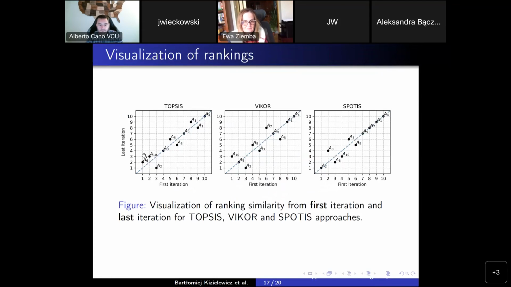Here we can see the visualization of the rankings when we compare the last iteration to the 1st iteration with subsequent methods, TOPSIS, VCOR, and SPOTIS, and we can see that in fact the VCOR method provides the most diverse results when we compare it with another method. So it demands the most iterations to achieve the compromise solution from the beginning ranking.